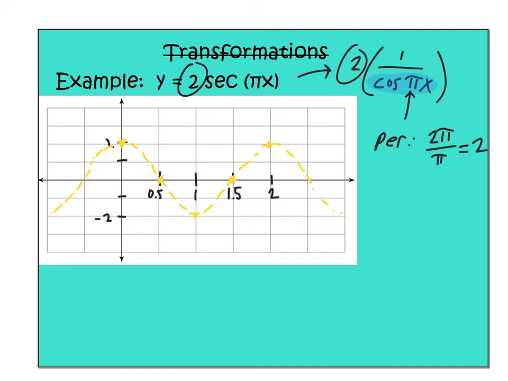There's our standard 2 cosine of pi x. That means we will have asymptotes on our graph whenever this thing is touching 0. So here.